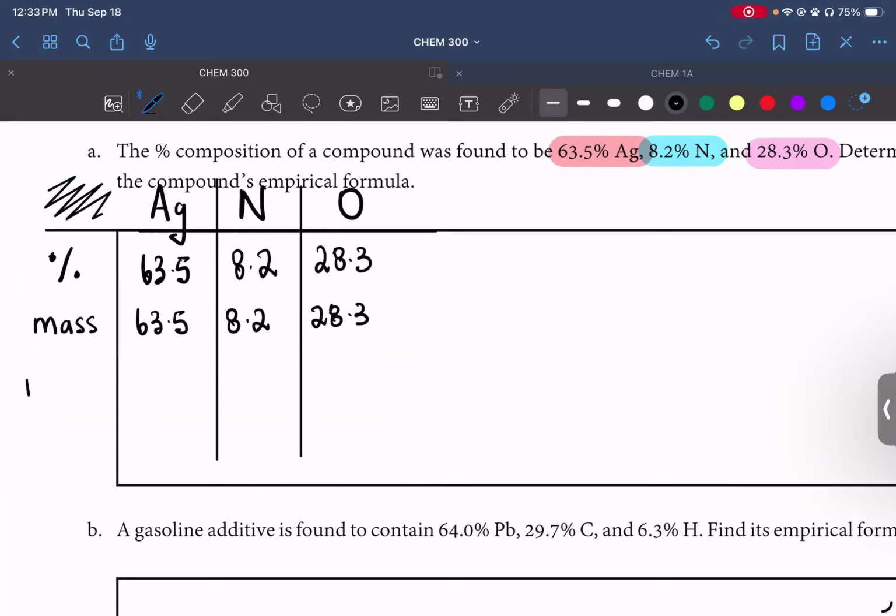After the mass, we can calculate the number of moles. We're going to need the periodic table. Silver is 107, nitrogen is 14, oxygen is 16.